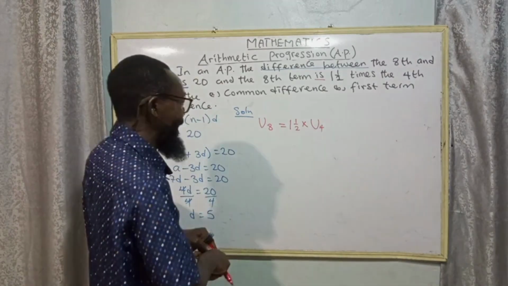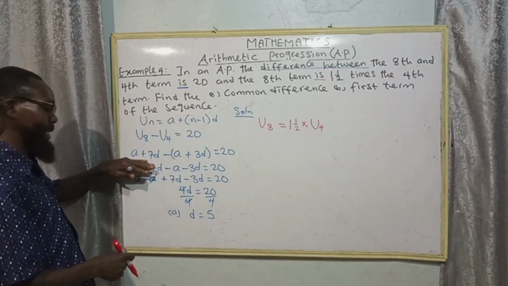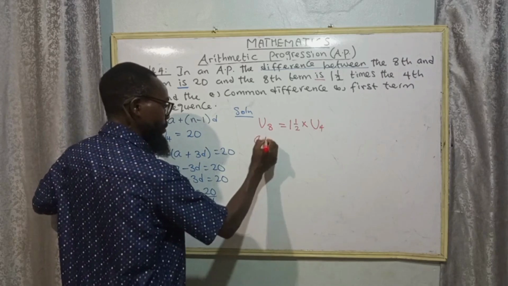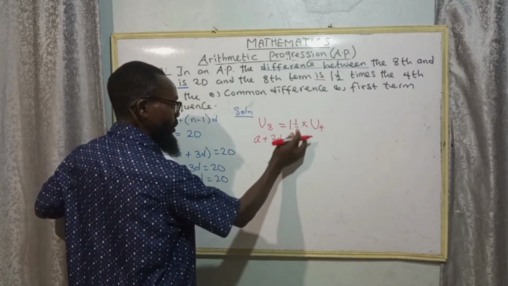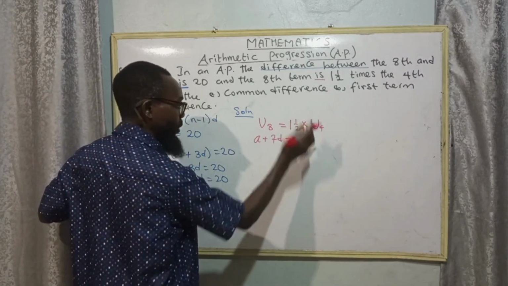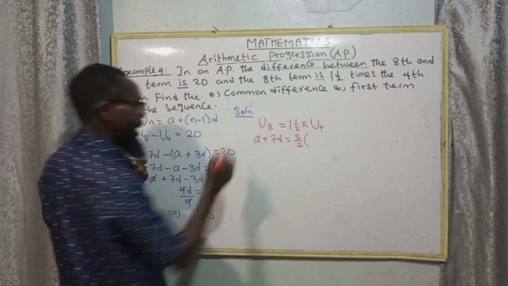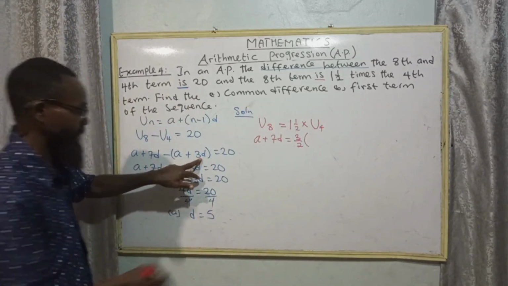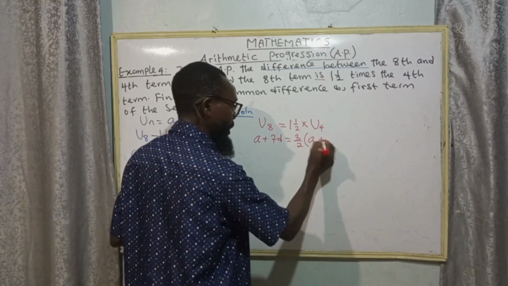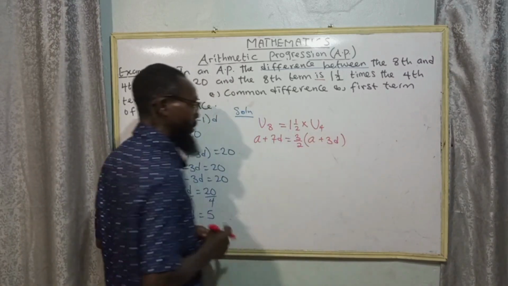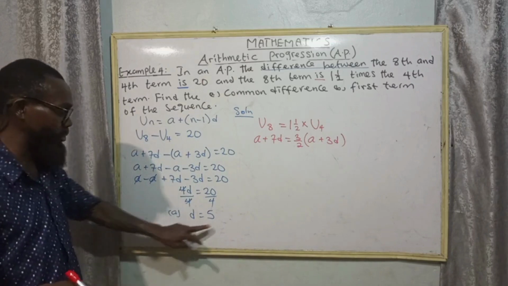That is, our 8th term from here is a plus 7d, equals 2 times 1 we have 2 plus 1 we have 3, 3 over 2, multiplied by our 4th term, which is a plus 3d.